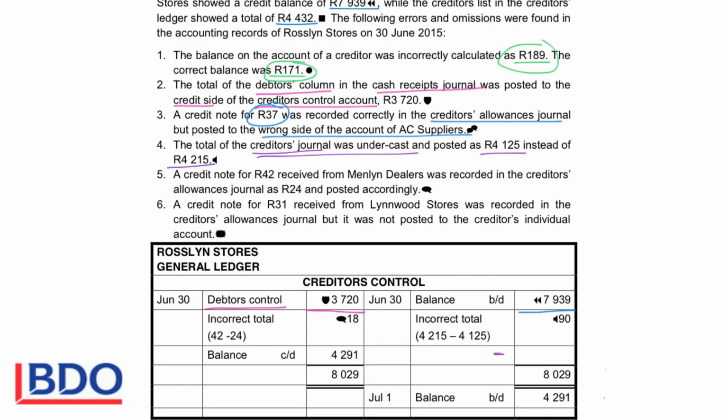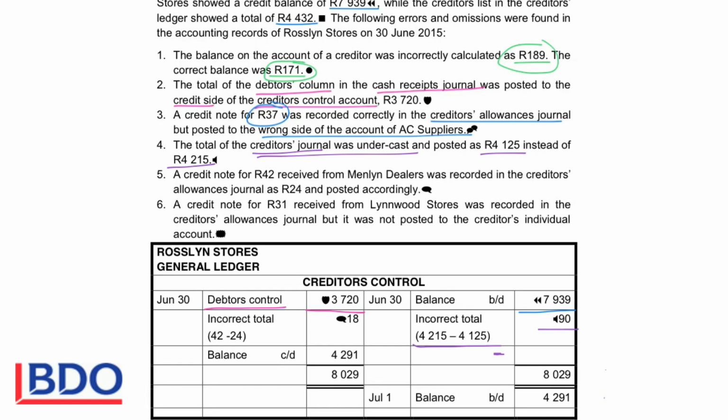Now, did we show the amount too high or too little? We posted it as 4125 instead of 4215. So we showed too little on the credit side. Therefore, we will subtract the two from each other and indicate that the creditors control balance should increase with 90 rand.